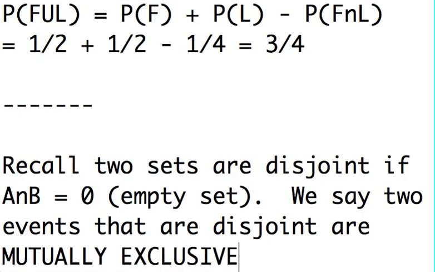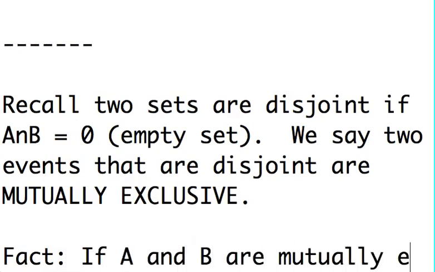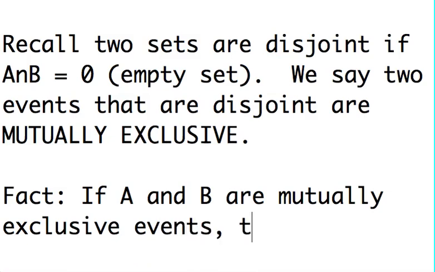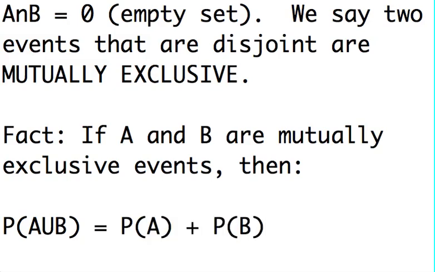That's just the vocabulary that we use in the context of probability. And so what we have is this. If A and B are mutually exclusive events, then the probability of A union B is the probability of A plus the probability of B. We don't have to worry about subtracting off the intersection because the intersection is empty.